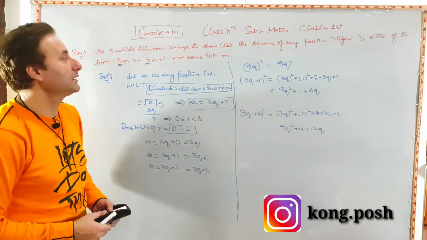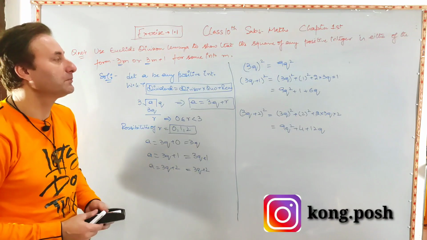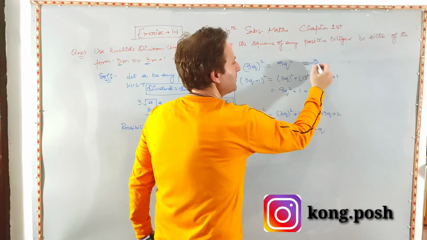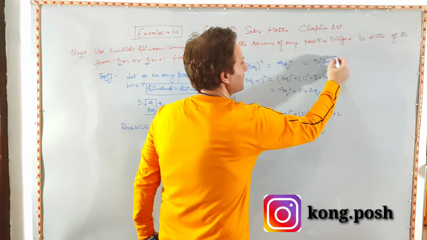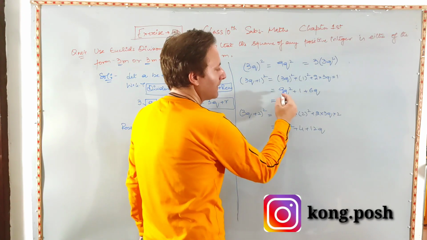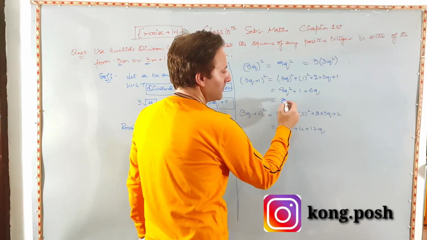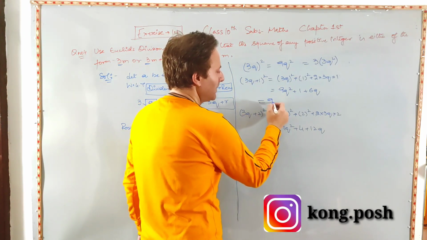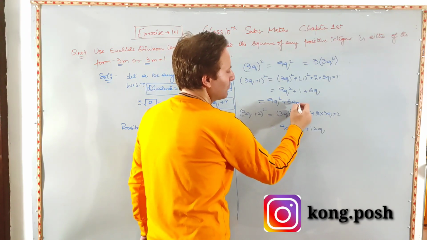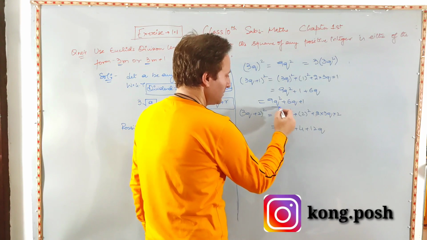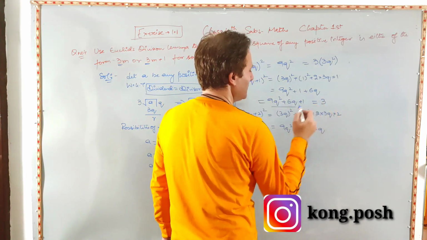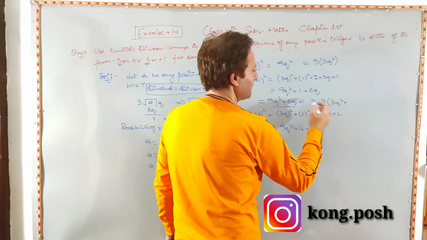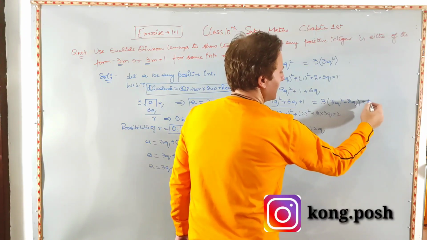Now what am I being asked? It is 3m and 3m plus 1. Okay, so here if I write it like this, 3 multiplied by 3q square, no issues. Here, if I take 3 common, or before that I'll write one more step so that it will be clear to you: 9q square plus 6q plus 1. From these two I will take 3 common. So 3 is common. So what do I have? I have 3q square, then I have 2q plus 1.